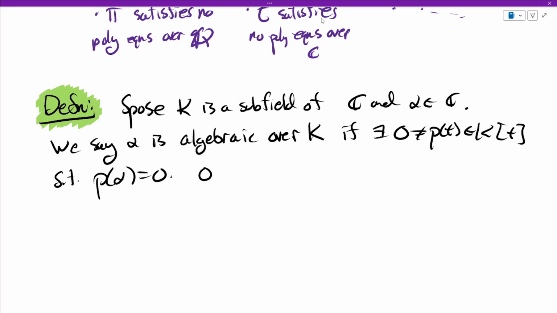Otherwise, alpha is called transcendental. It transcends algebra.